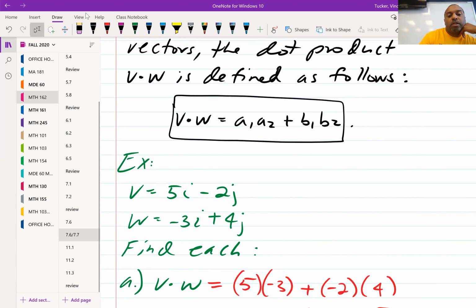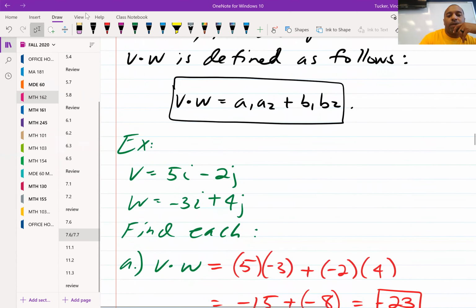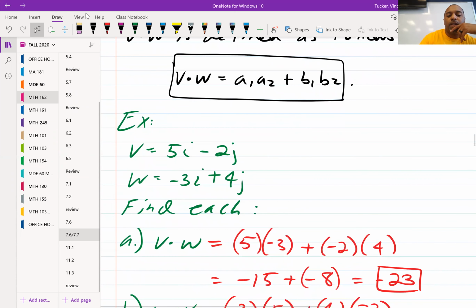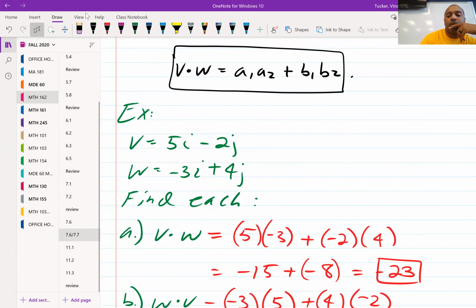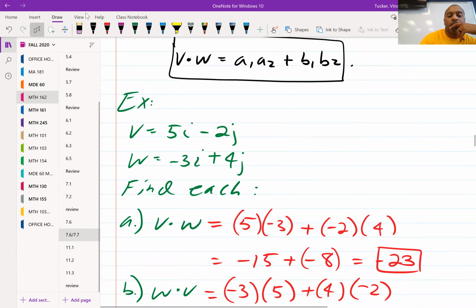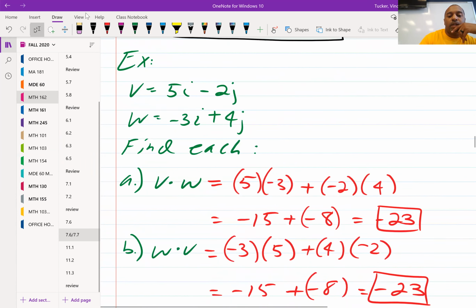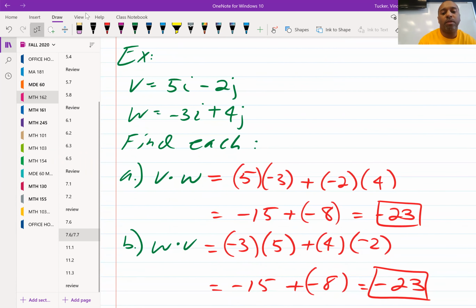All right. So if vector V is 5i minus 2j, vector W is negative 3i plus 4j, you want to find the dot product of V and W, and then W and V. Notice it gives us the same thing.